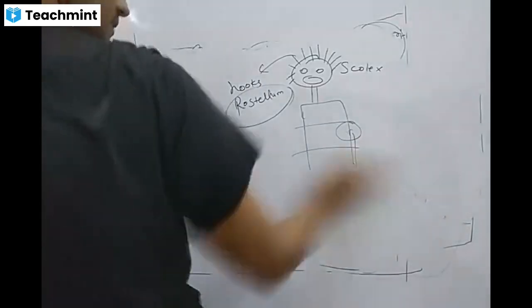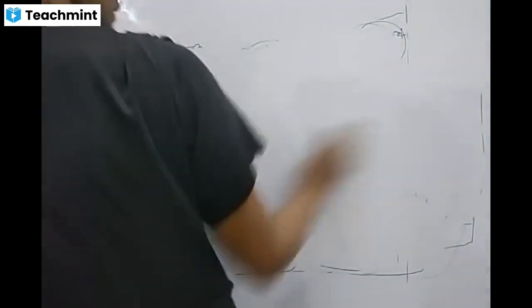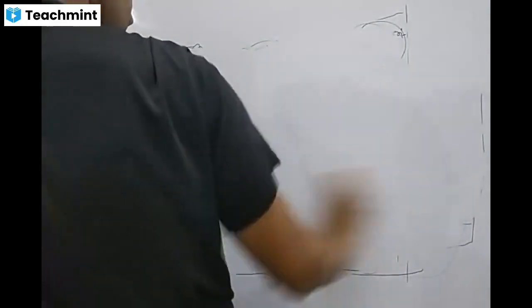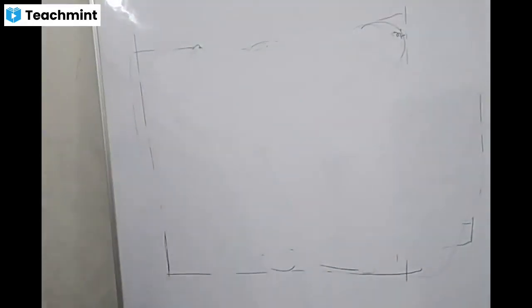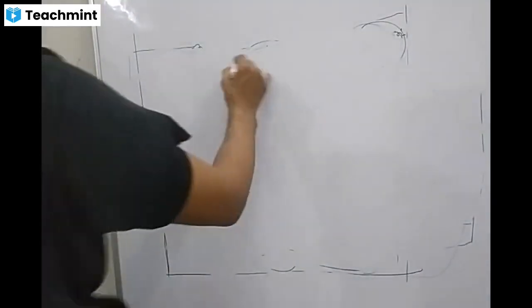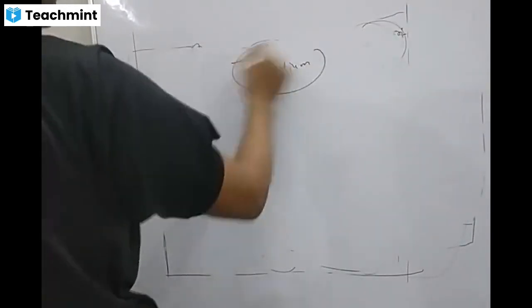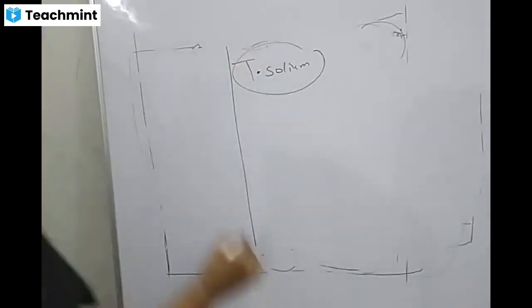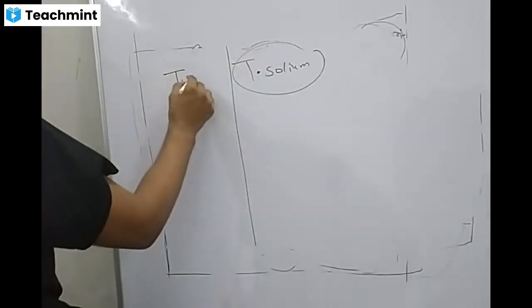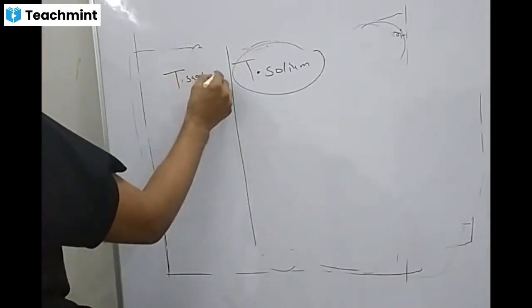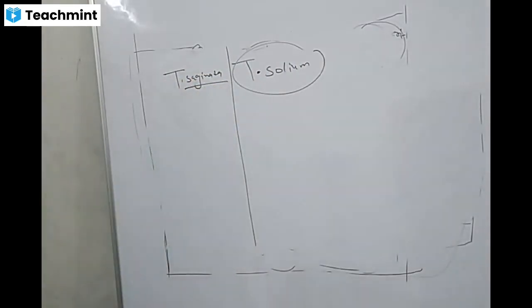So starting with the Taenia family, Taenia solium, Taenia saginata. In the booklet, a very beautiful life cycle is given of solium and saginata. So first we'll see what is the difference between these two.